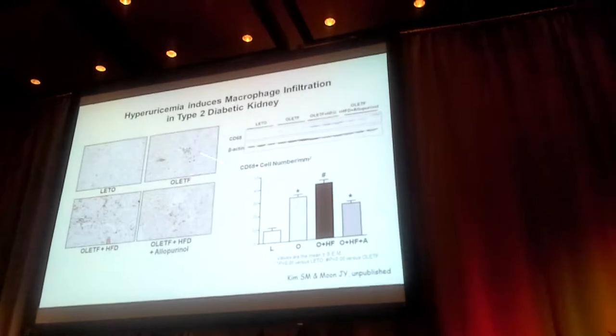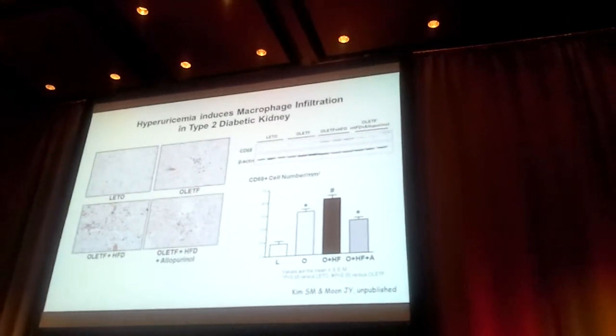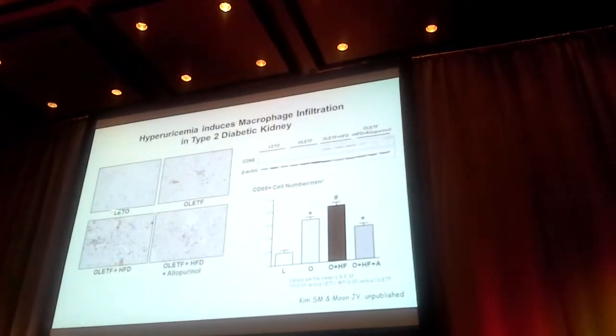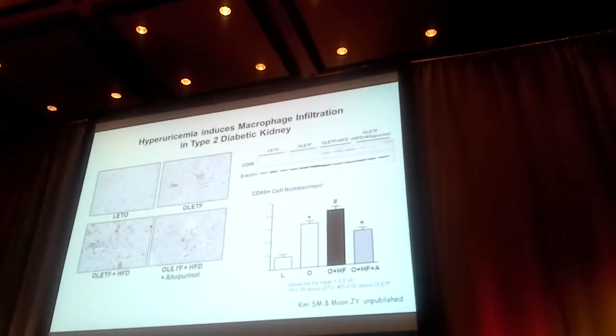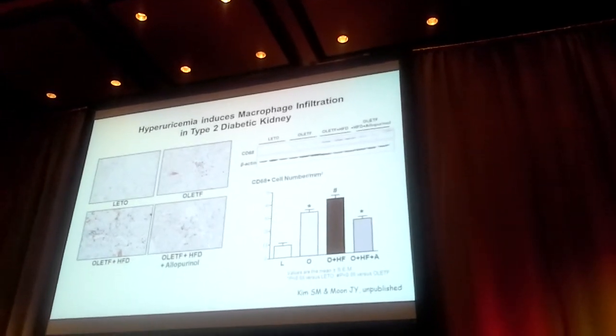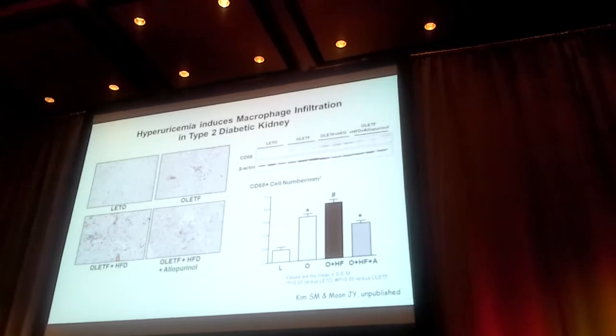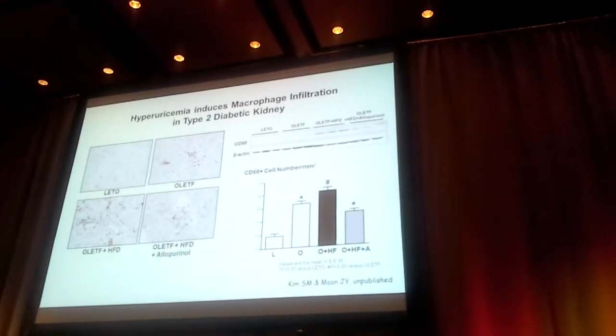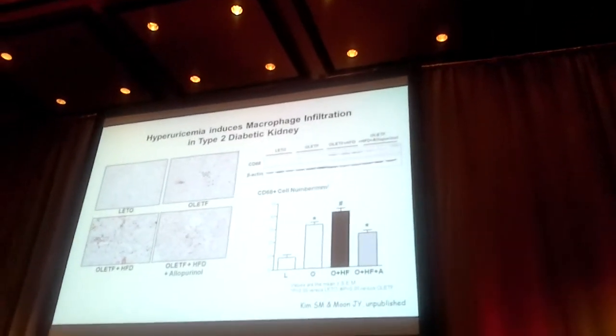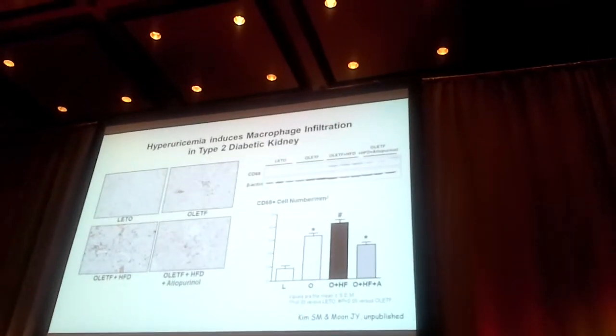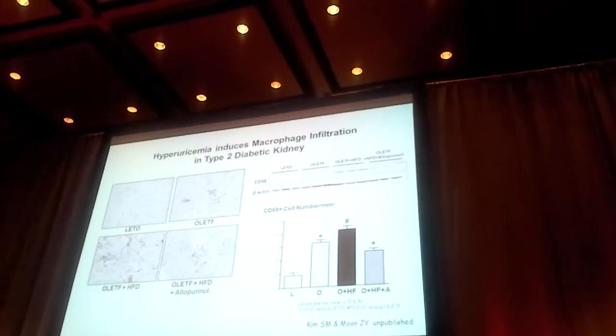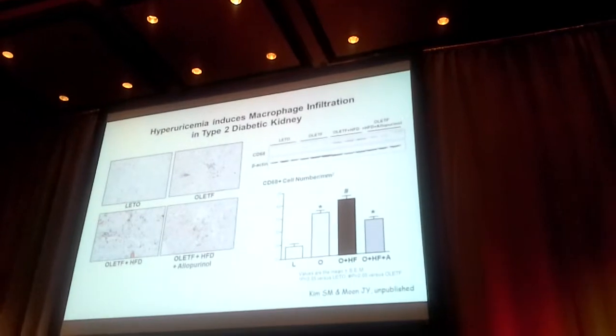You can see that there is inflammatory cell infiltration in this hyperuricemic diabetic animal model, and it was ameliorated with allopurinol treatment. So we now know that hyperuricemia induced renal inflammation and fibrosis, maybe partially with the NLRP3 inflammasome-mediated pathway.